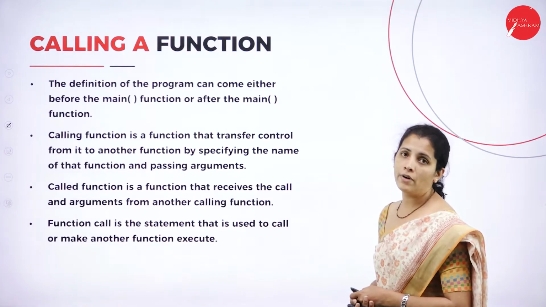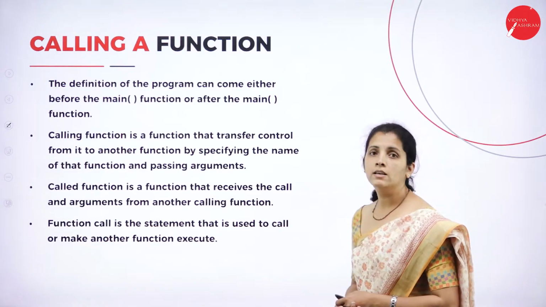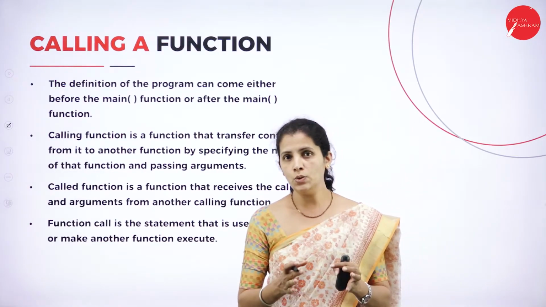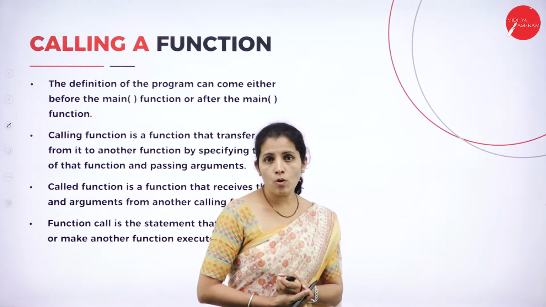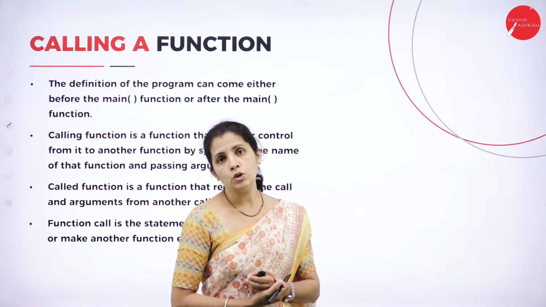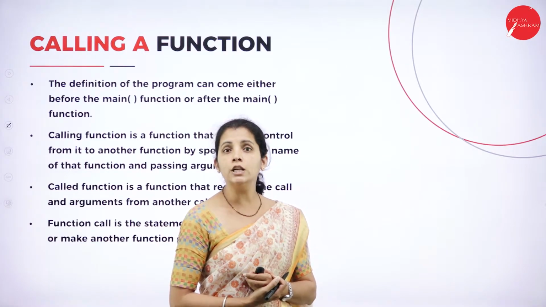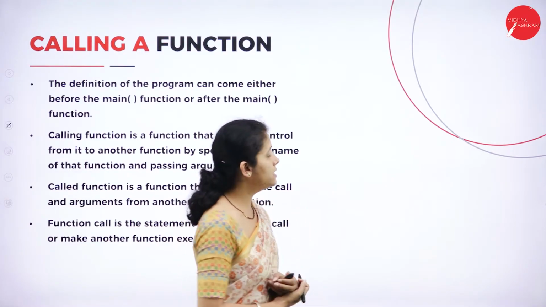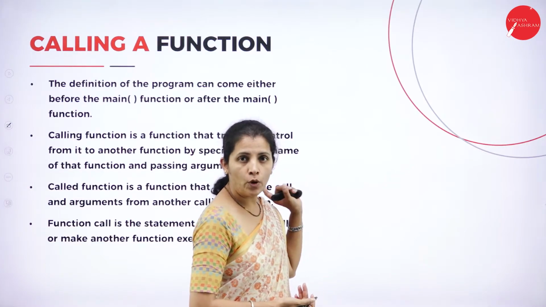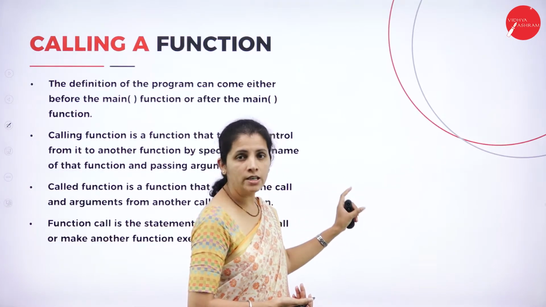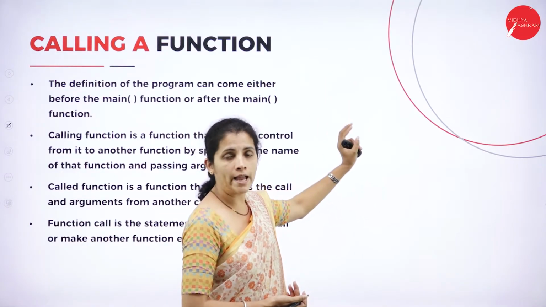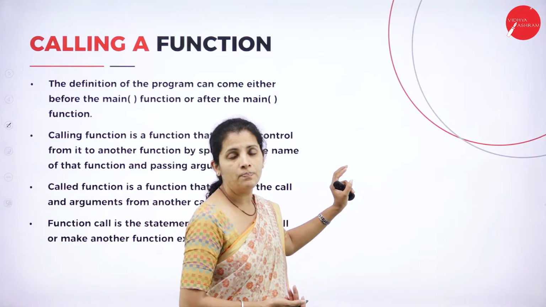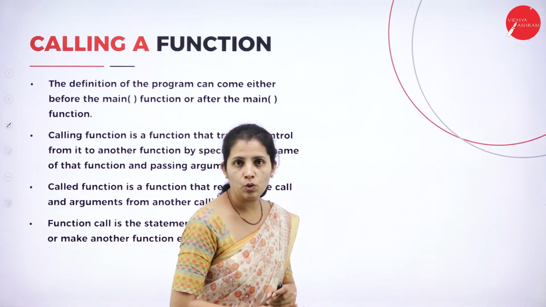Now calling a function. So dear student, let me first tell you how to write the function. In a C program, I can define a user defined function in two ways. That means if I use the function definition at the beginning itself, then there is no need to write the function prototype.